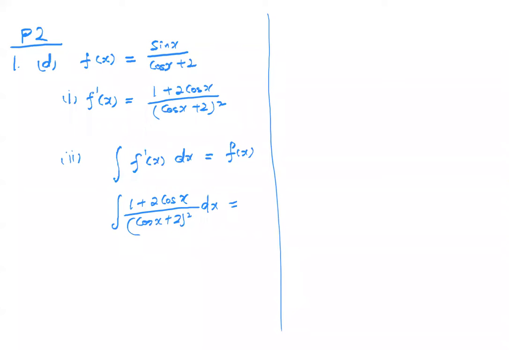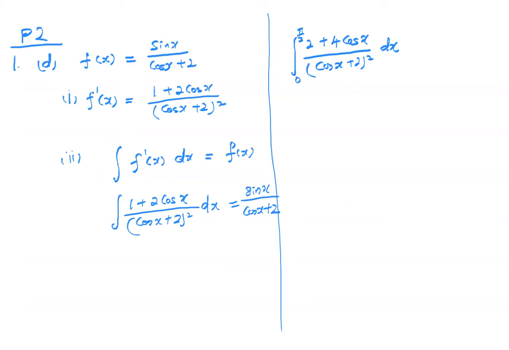I get back my sin x over cos x plus 2. Okay, now the thing that they want us to do is I have to integrate 2 plus 4 cos x over cos x plus 2, the whole thing squared dx, from 0 to pi by 6.